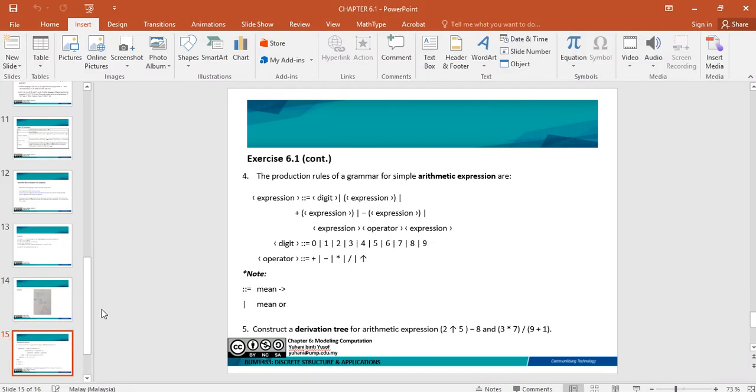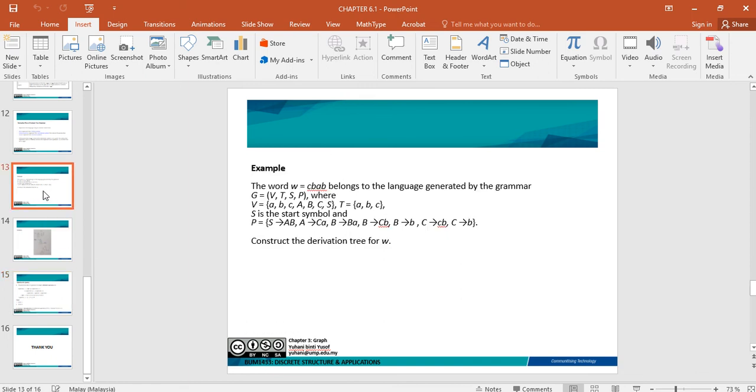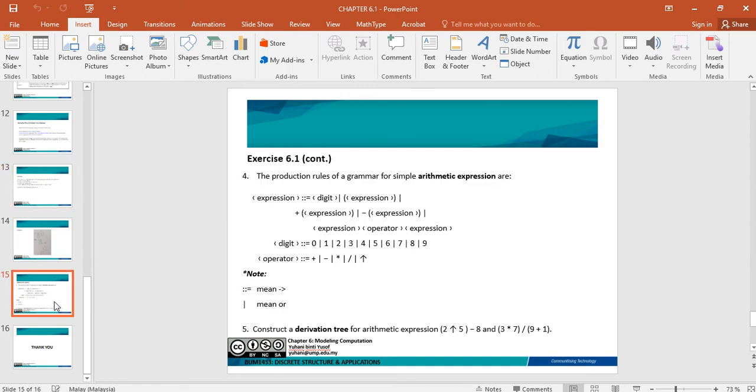To ensure that you understand this subsection, please do one of these questions, either question 4 or question 5. Question 5 is actually the same thing as what we have in the example, just with a changed notation.